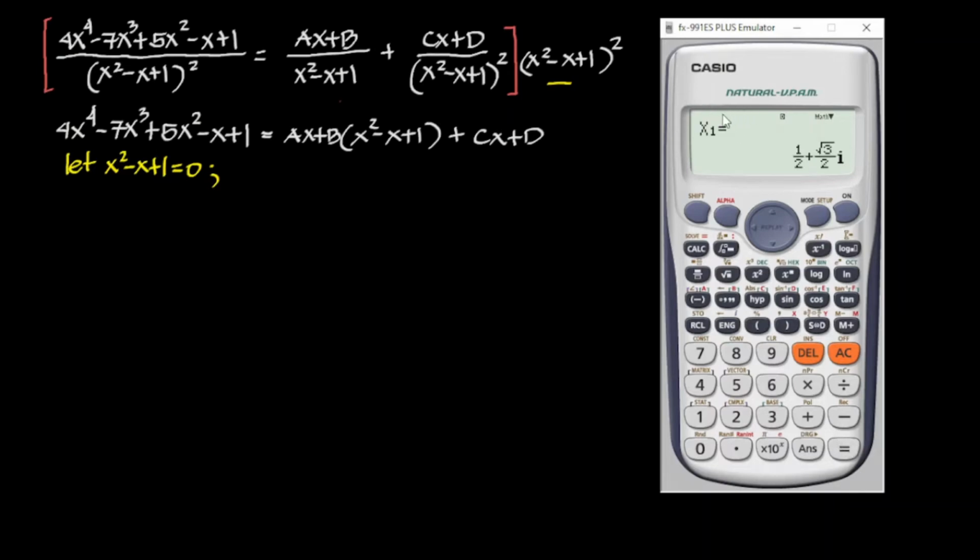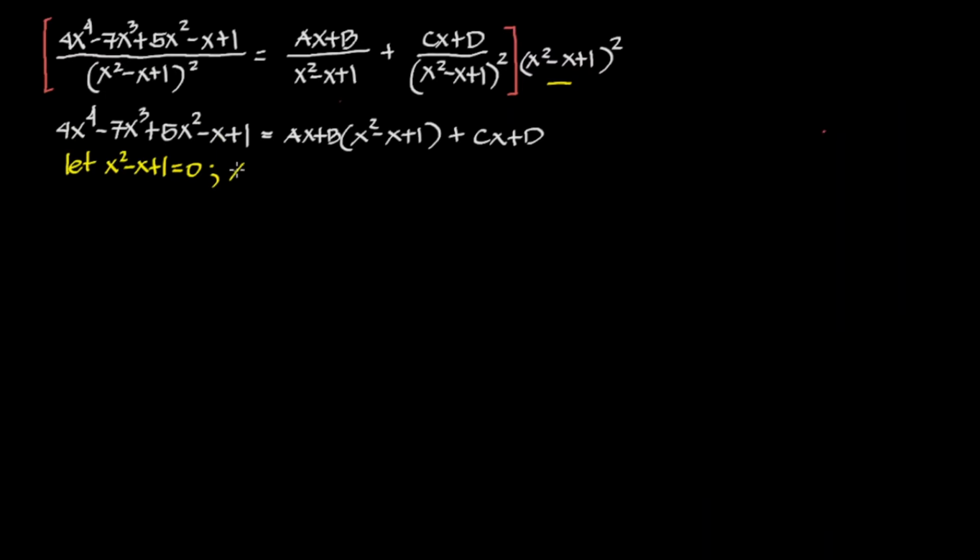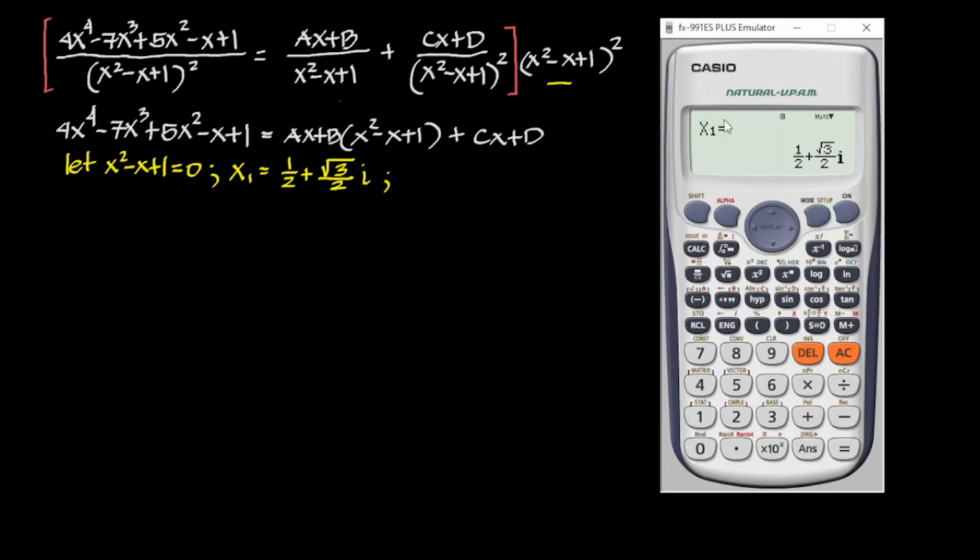So, makikita natin na imaginary yung value ni x. So, lagay natin dito yung value ni x. That's 1/2 plus square root of 3 over 2 times the imaginary I. So, we have x sub 1 is equal to 1/2 plus square root of 3 over 2 times I. Now, kung mapapansin nyo, naka x sub 1, ibig sabihin dalawa yung value ni x.